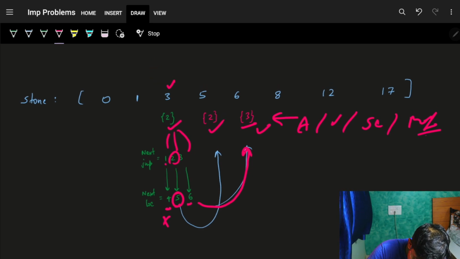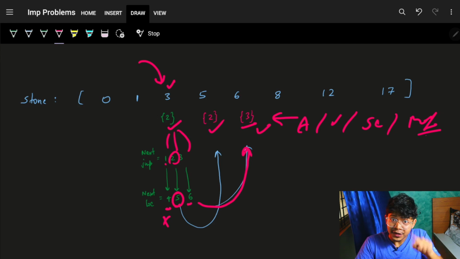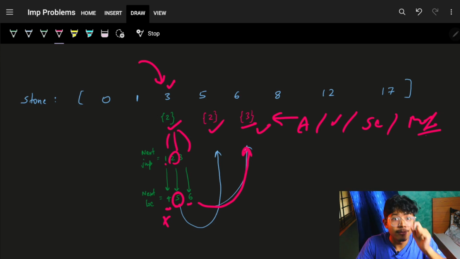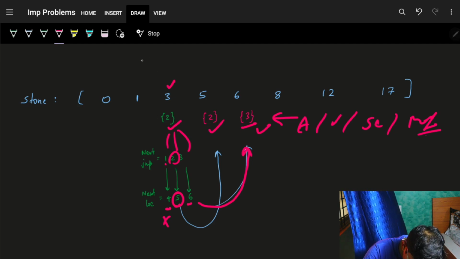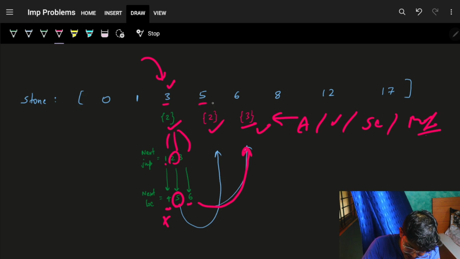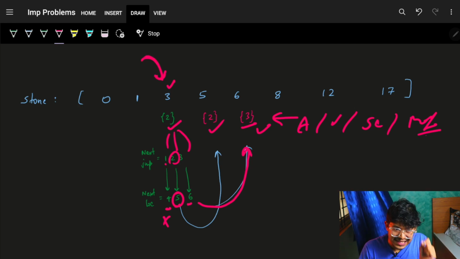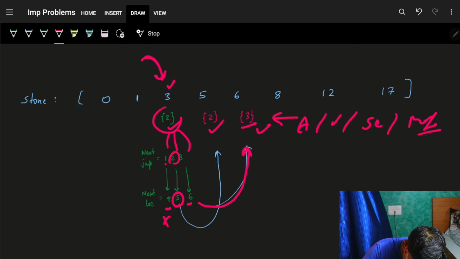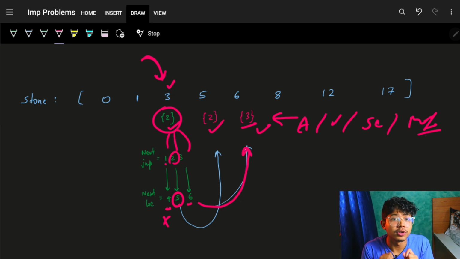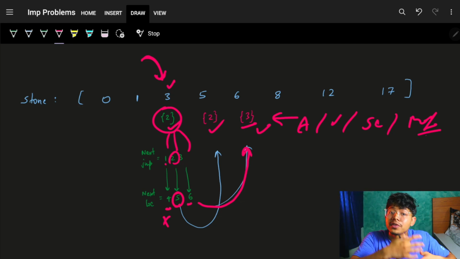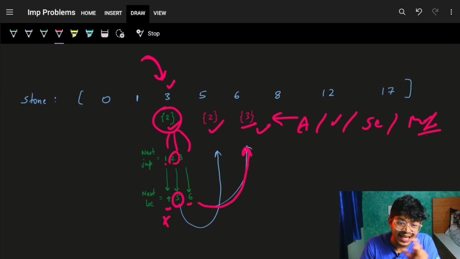For every stone, I'm not saying the position, I'm not saying the indexes. For every stone, which means 3, 5, 6, you are storing what the last jump sizes were.